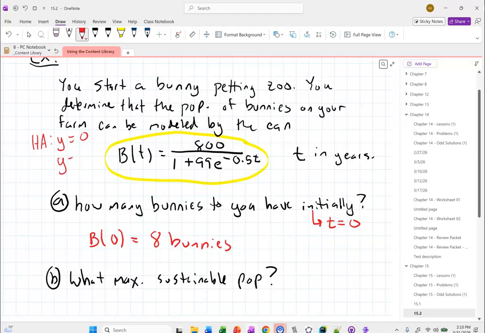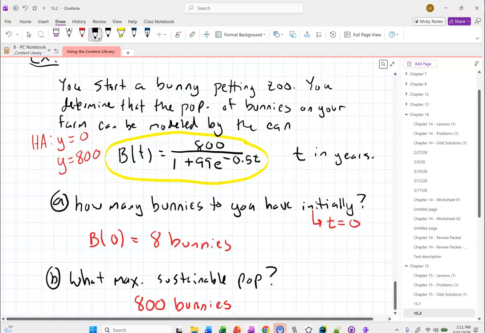And the other one is y equals the numerator. So that's going to be considered my maximal sustainable population. Whatever that numerator is is the maximum value. Everybody okay there?